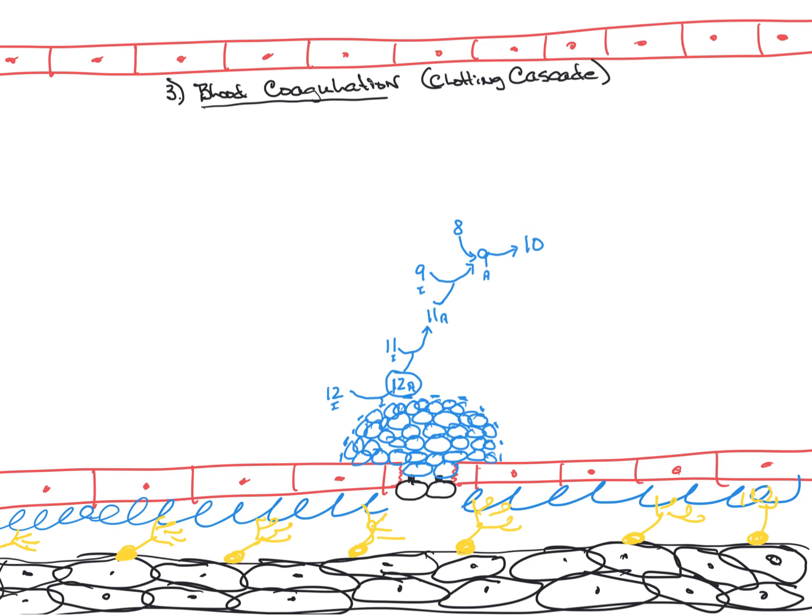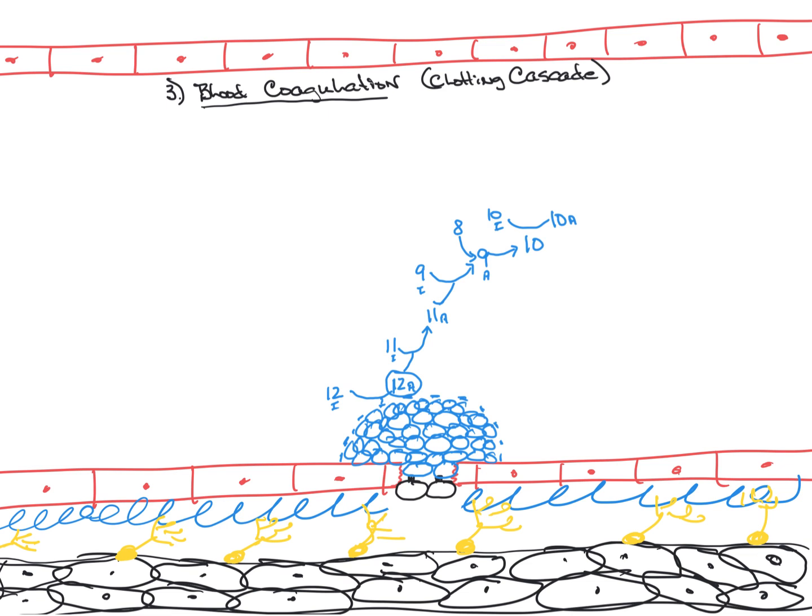So 10 was inactive, and 8 with 9 creates 10 in an active form. Okay? And remember, we talked earlier also about calcium and vitamin K being important in a lot of these, like within 2, 7, and 9 is vitamin K. And then also in all these processes, calcium is important.